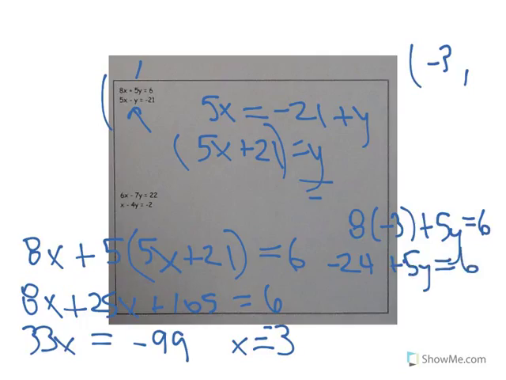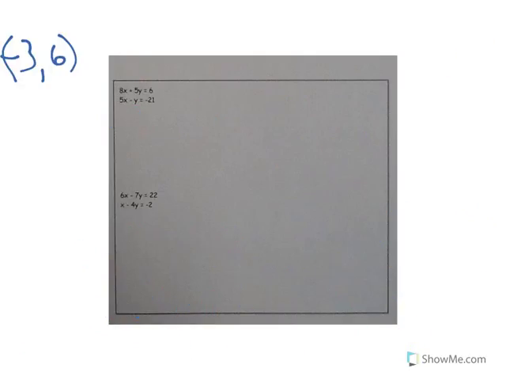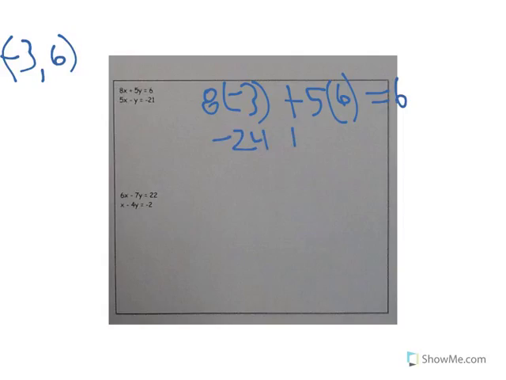So add 24 to both sides, you get 5y is equal to 30, and y is going to be equal to 6.